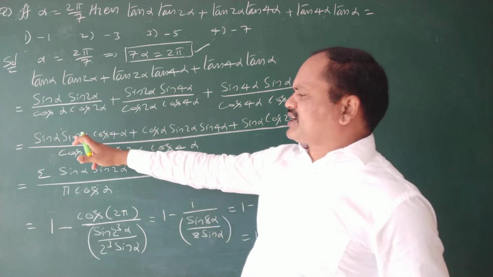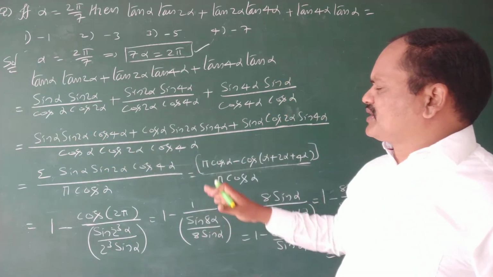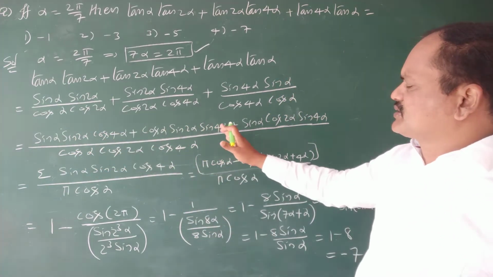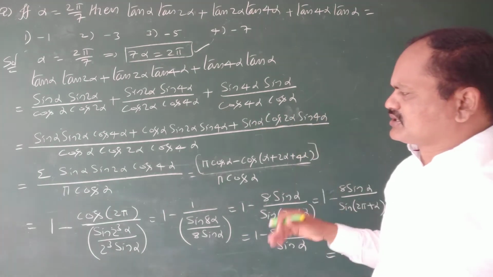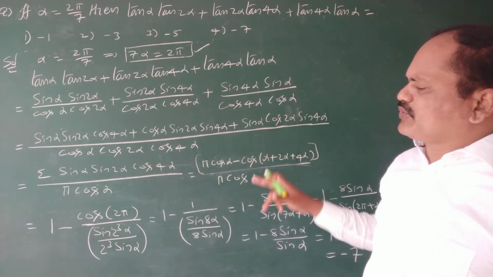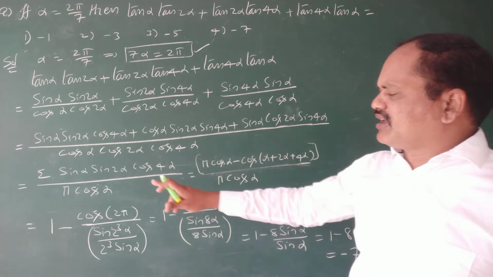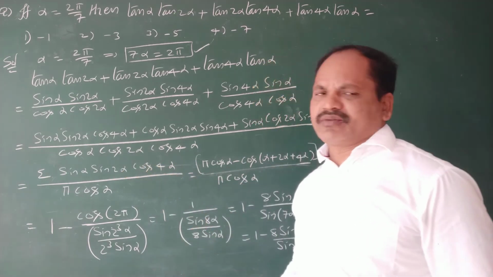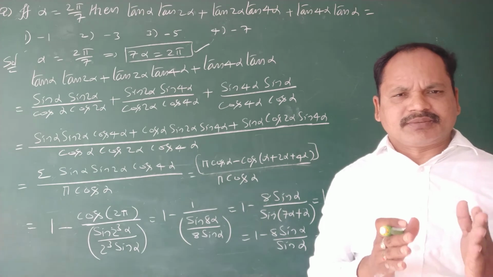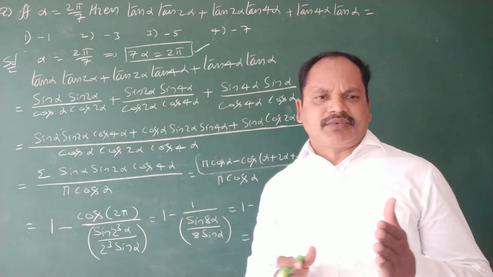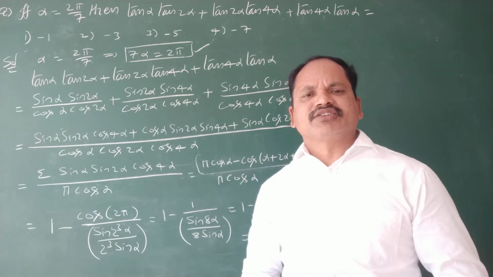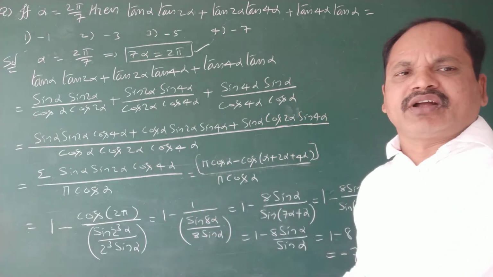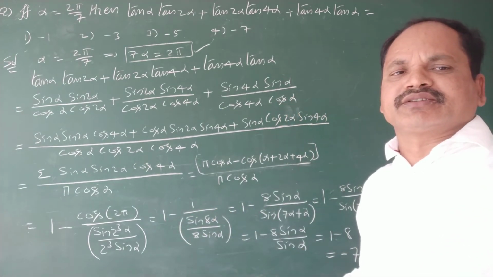The numerator is sin alpha sin 2 alpha cos 4 alpha plus cos alpha sin 2 alpha sin 4 alpha plus sin alpha cos 2 alpha sin 4 alpha. Now the numerator we can write as sigma sin alpha sin 2 alpha cos 4 alpha. Sigma represents the sum of consecutive terms, so this can be written in sigma notation.